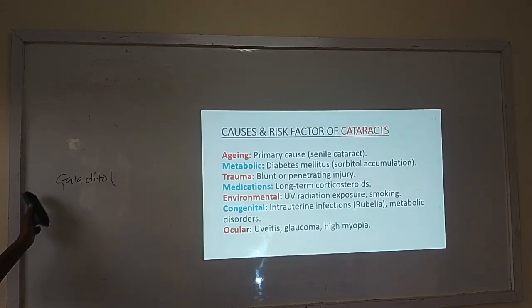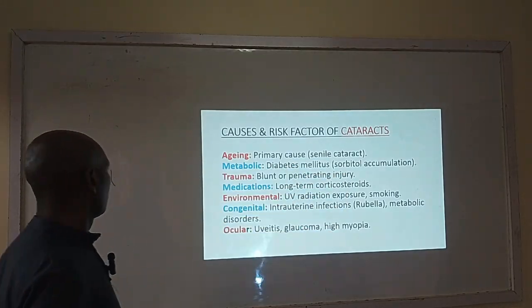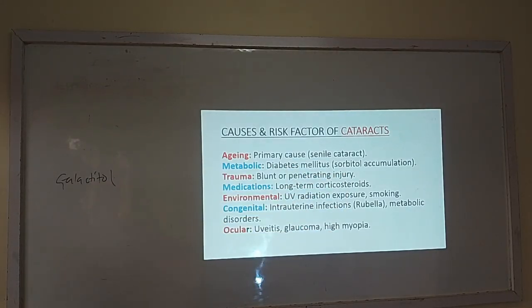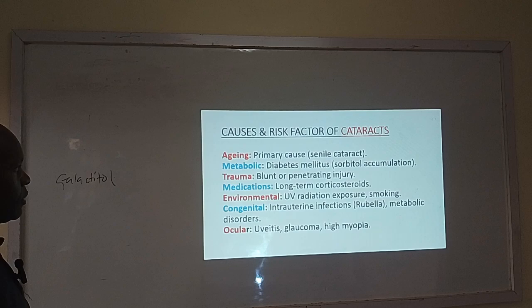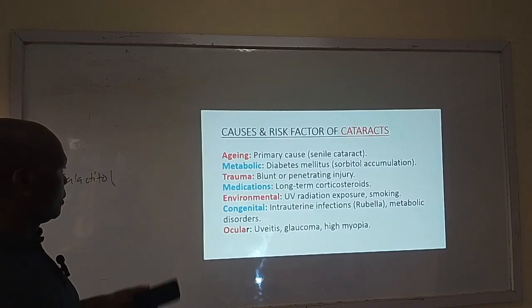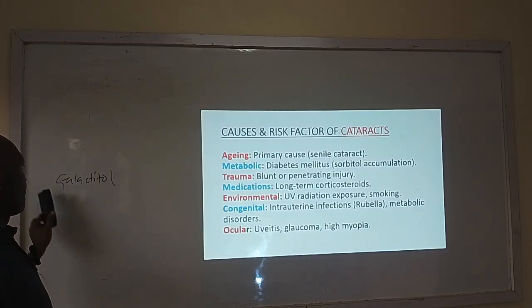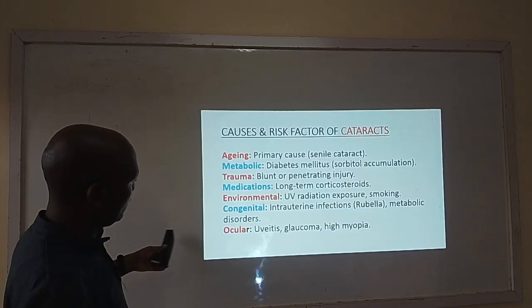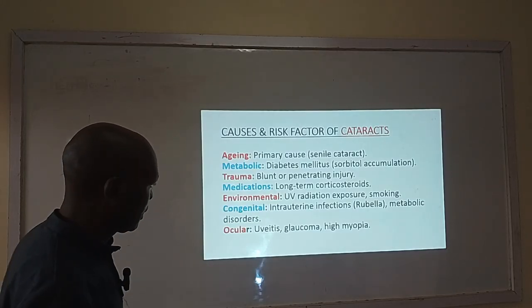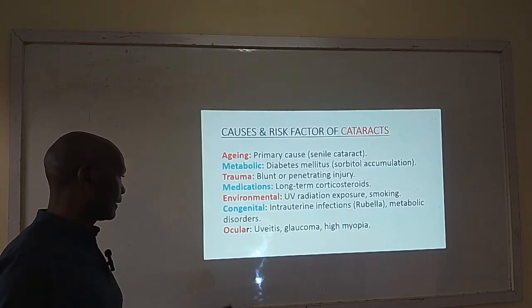Galactitol also behaves like sorbitol. It's a highly osmotic substance which does not leave the lens easily. It causes osmotic change, then draws water into the lens and causes clouding. That's why we're saying congenitally we can also have issues to do with cataracts.